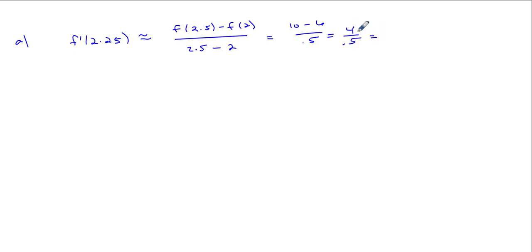How many halves are in 4? That'd be 8. Now, what are the units on this thing? Well, the units of the numerator are milligrams per square centimeter. The units of the denominator are centimeter. So this would be 8 milligrams per square centimeter per centimeter, or milligrams per square centimeter squared. That's fine also.